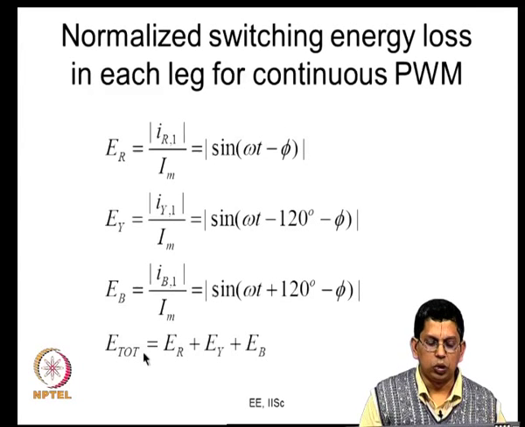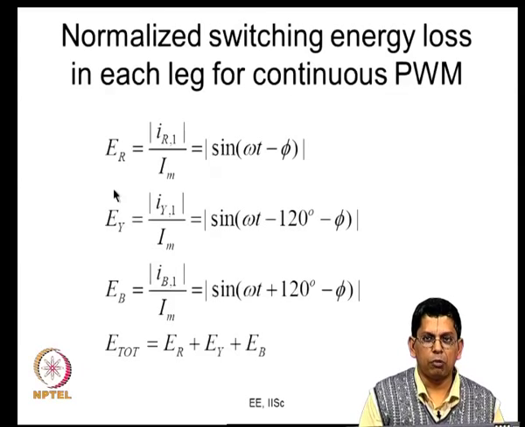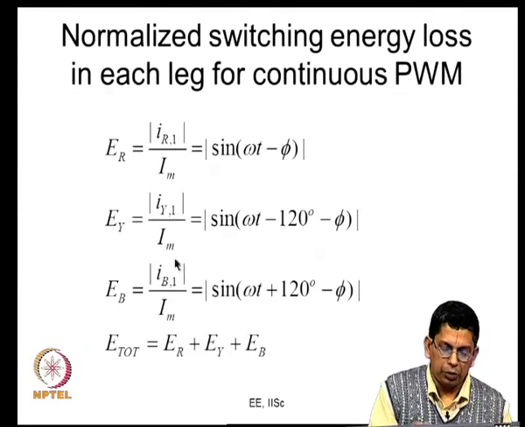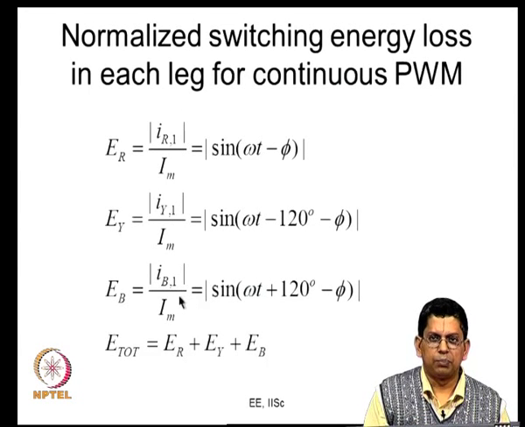One thing we will do is define a certain normalized switching energy loss. Our purpose is a comparative study of PWM methods, so we are considering the same operating condition of the inverter, whether PWM1, PWM2 or PWM3 is being used.